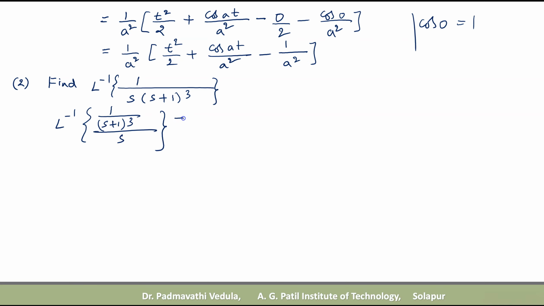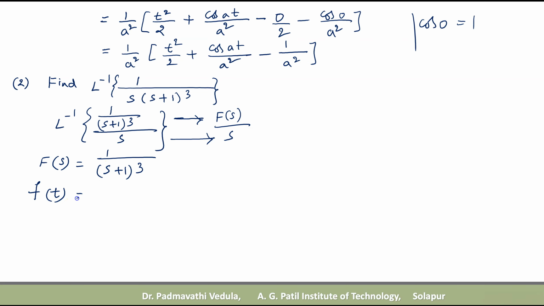If you compare this with f of s by s, you can find f of s. So f of s equals 1 by s plus 1 whole cube. Now to get f of t, find the inverse Laplace transform of this f of s, that is inverse Laplace of 1 by s plus 1 whole cube.